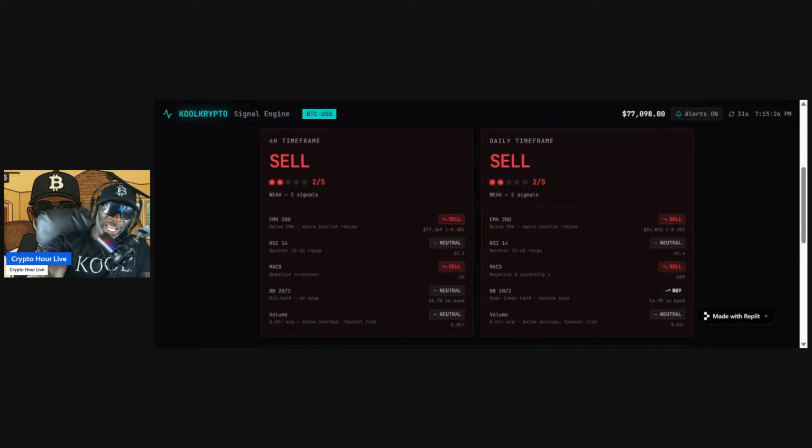But so far, I started this AI project this weekend. So I haven't had a chance to see 4 signals aligned together or 5. I've only ever seen 1, 2, and 3. The highest I've seen so far is 3.